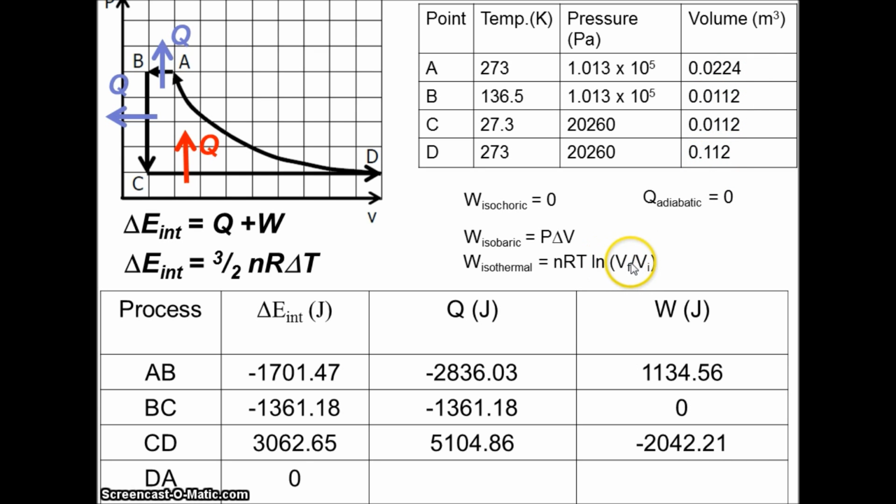So when I do natural log of 0.0224 over 0.112, I end up getting a negative. Notice it's going from a big volume to a small volume. It's contracting. There must be an external force doing work here. So even though the gas is doing negative work, there's positive work done to the gas. So I get a negative value, but I put it in as positive into my first law here in a few moments. So now I can solve for Q, and I get negative 3,651 joules.